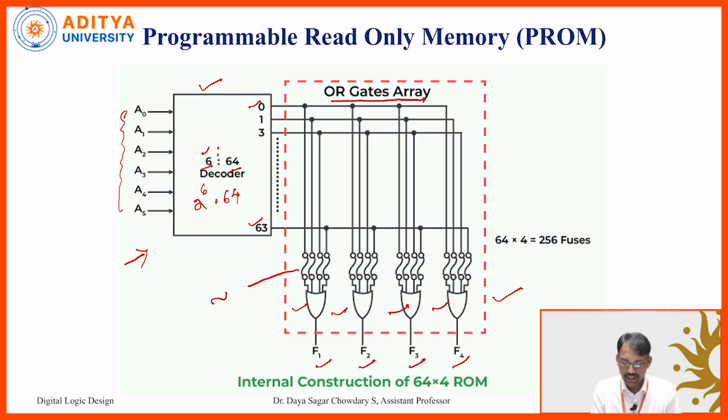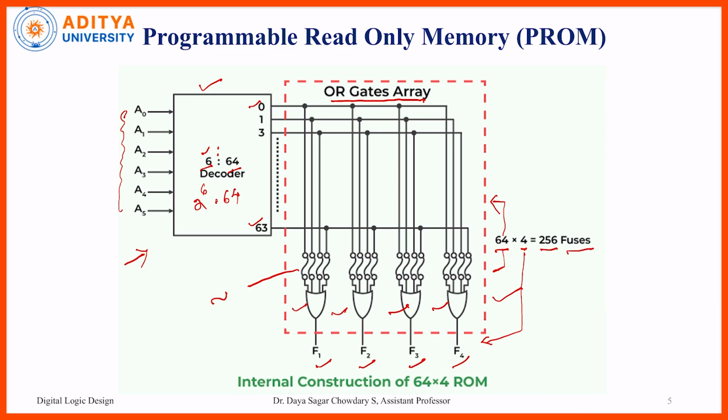So if we connect like this, 64 into 4, these are the 4 functions F1, F2, F3, F4, and totally 64 outputs from the decoder. Finally, 256 fuses are required for this particular 6 to 64 circuit. This is the internal structure of the PROM.